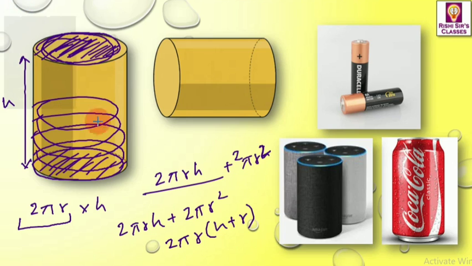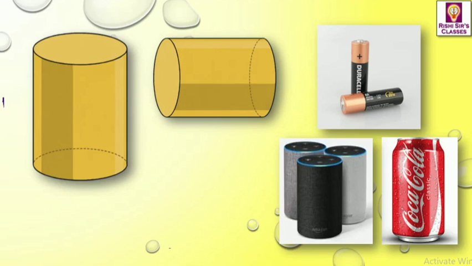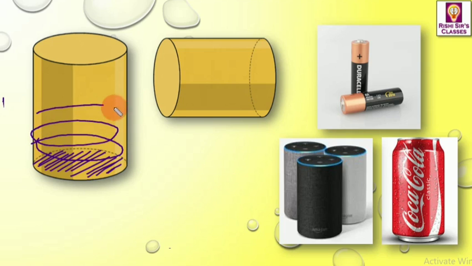Now moving on to the volume of a cylinder. It also has the same concept. For the CSA of the cylinder, we were counting the circumference. For volume, we need to consider this whole circle. Now suppose there are multiple circles over one another like this, and we are counting their whole area, their complete area.